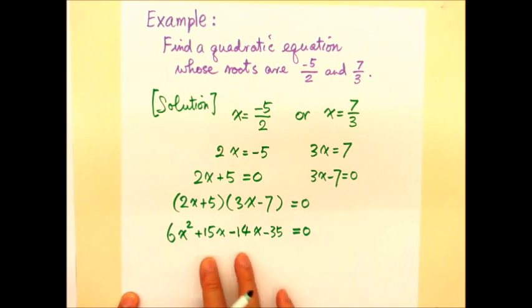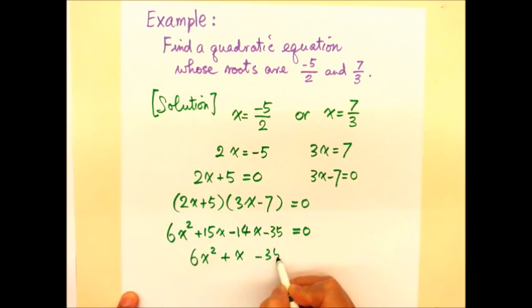So they are like terms grouped together. Yes, this is one of the many quadratic equations who have the roots -5/2 and 7/3. But this is the simplest one. So always we give the simplest one.